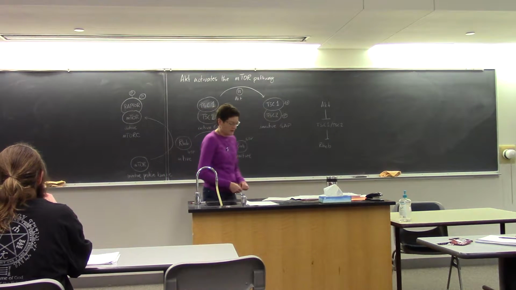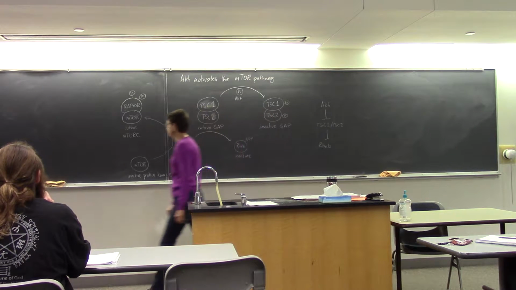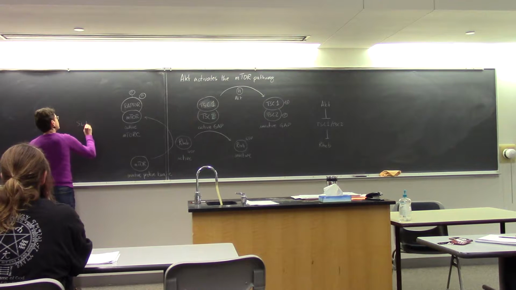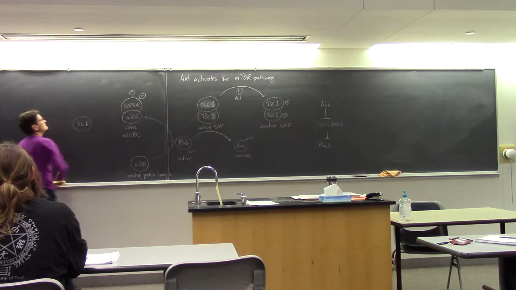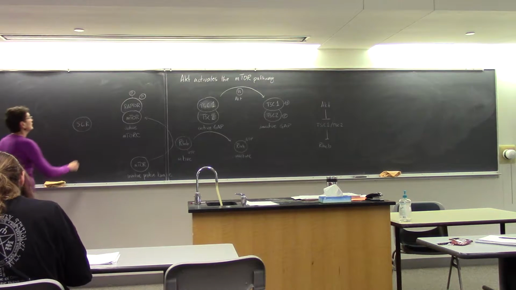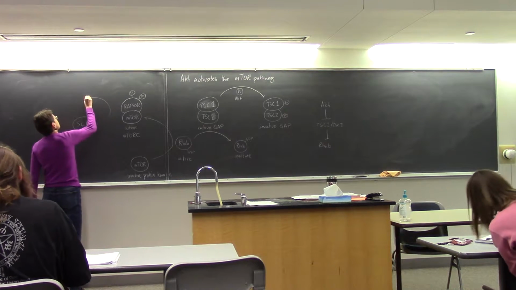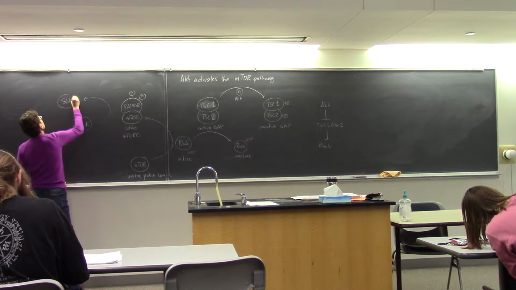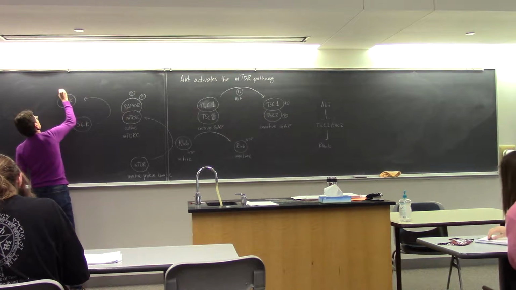Good, because mTOR is going to activate a protein kinase. So is mTOR still a protein kinase? It is a protein kinase, and it's going to phosphorylate another kinase, S6 kinase.